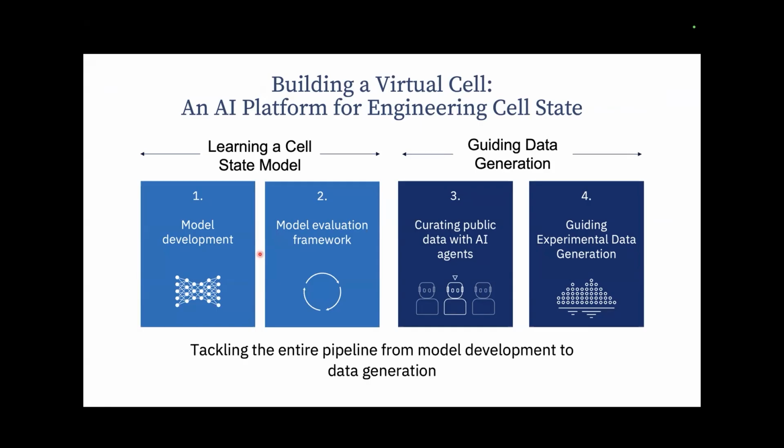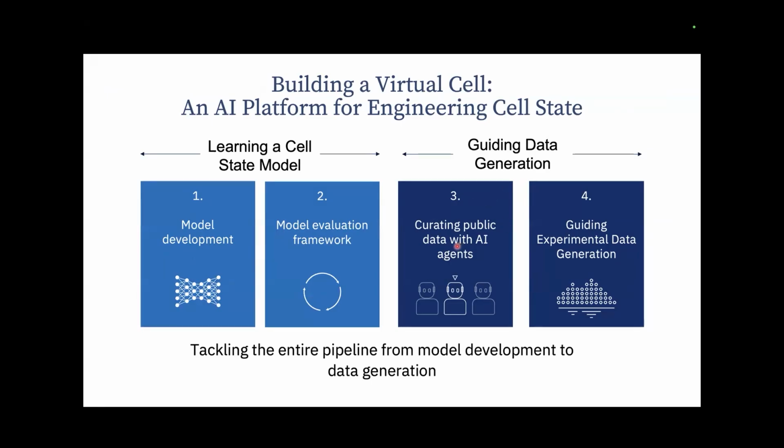I'll be talking to you about the work in my group, which focuses on these four broad themes. On the left here, what you see is, as I mentioned, how we're leveraging AI to build better models and also to create better evaluations that connect back to what is more relevant to the biologists, to the clinicians, to other people using our model, and also how we can leverage AI to generate data to power these models.